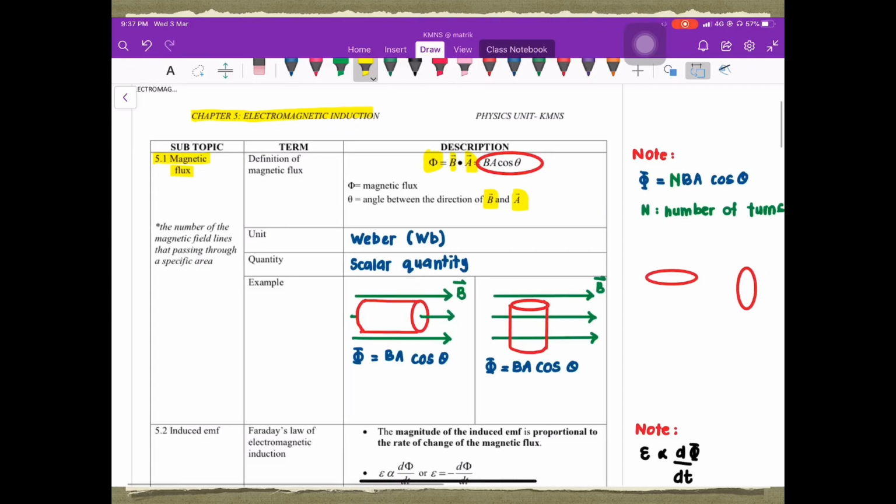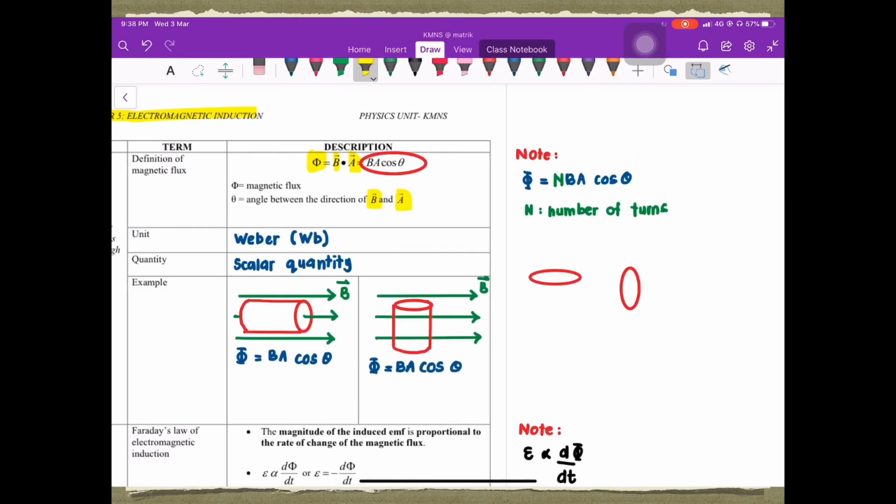Now I want to show all of you what vector A is, or how to identify the direction of vector A. Let's discuss. For this, it is the surface, the cross-sectional area, a horizontal surface. So how to show vector A?